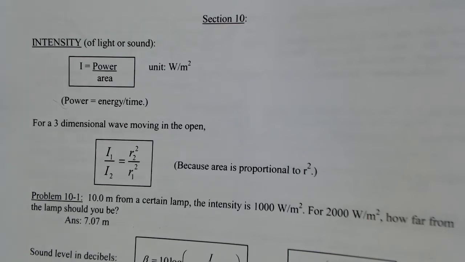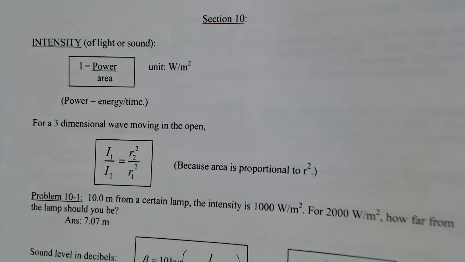And intensity is measured in watts per square meter. So instead of how much the air molecules move back and forth, you could talk about how many watts per square meter the wave carries. Actually, with light waves, that is sometimes done. Not usually with sound waves, though.